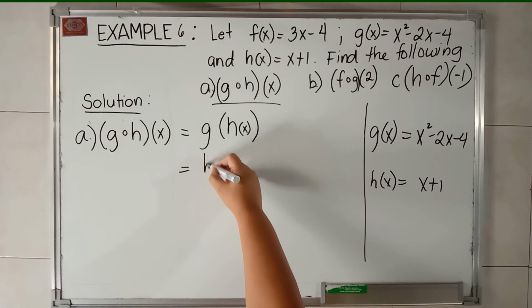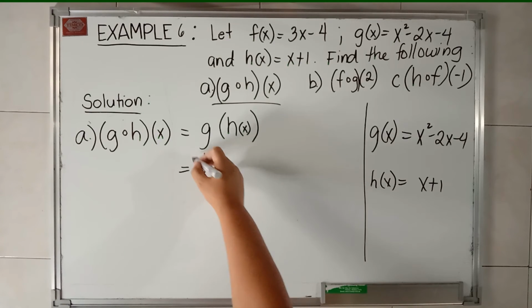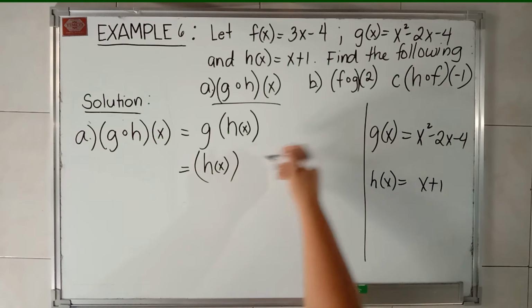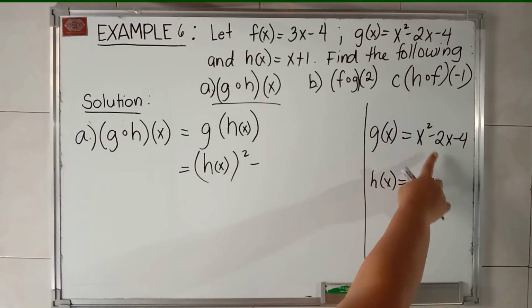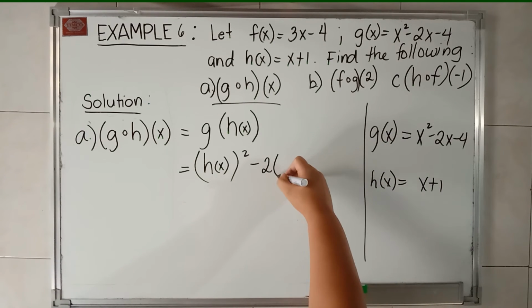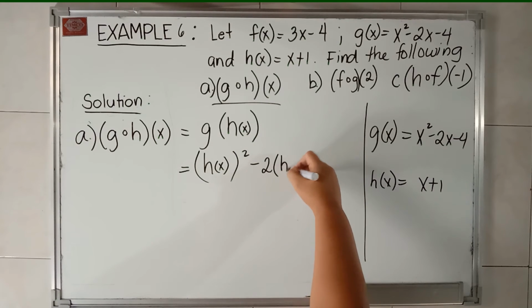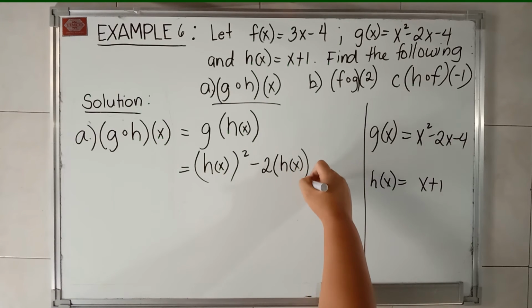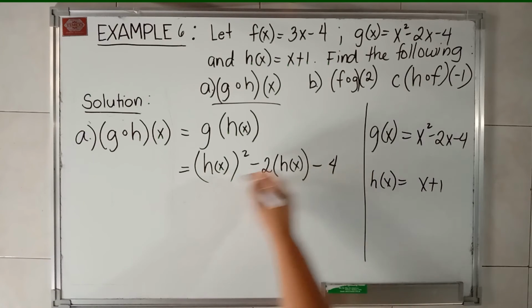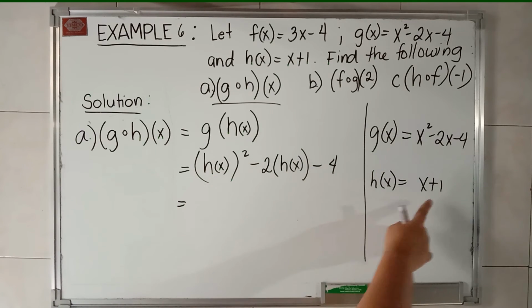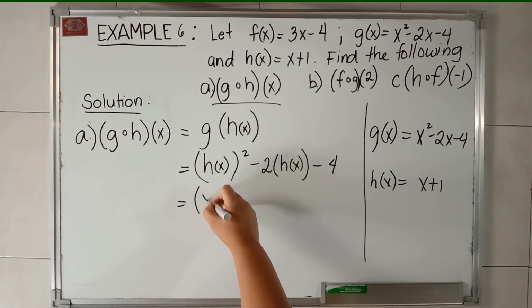So, h of x squared, dahil naka-square si x dun sa first term, minus 2 times h of x minus 4 equals, pwede na natin palitan si h of x ng x plus 1.